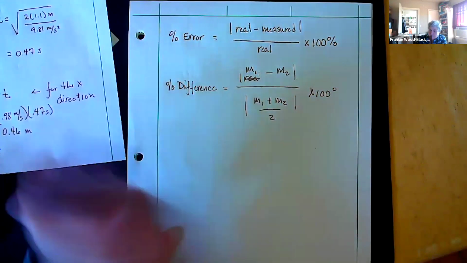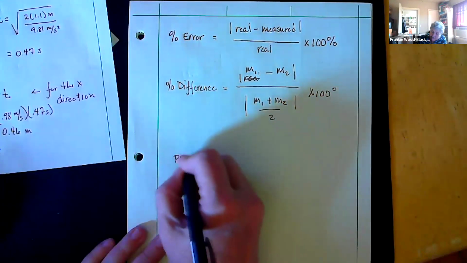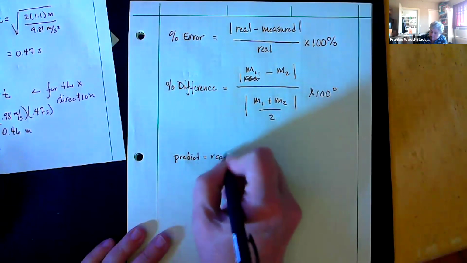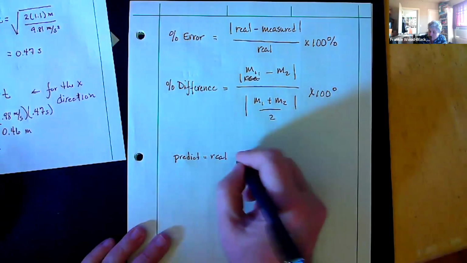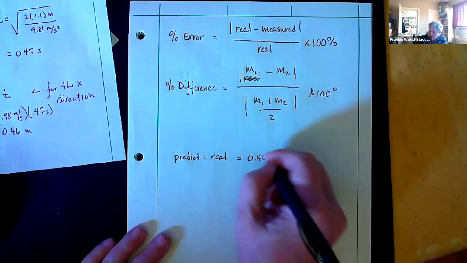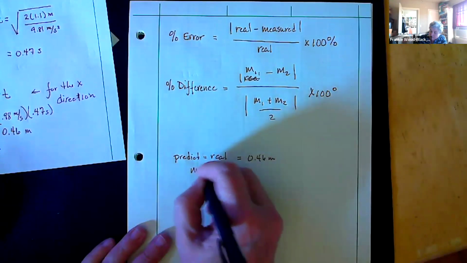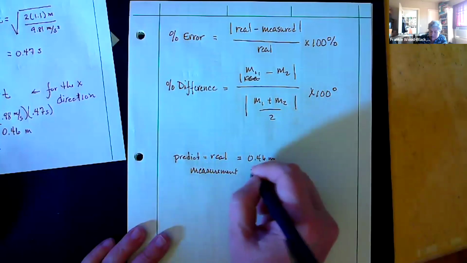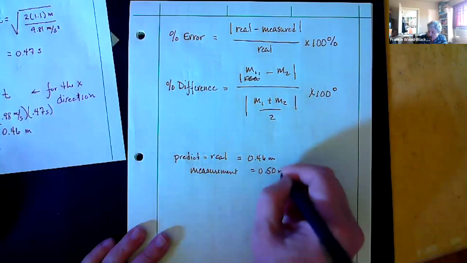So let's do this. My predicted, we're going to say, is the real. And that one was 0.46 meters. My measurement is 0.50 meters.